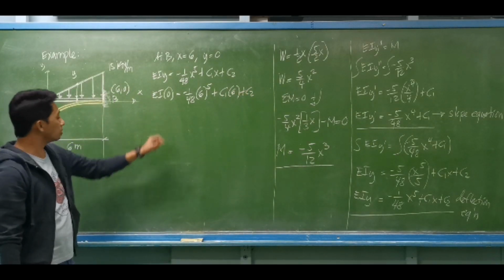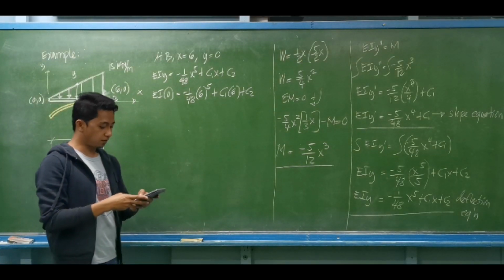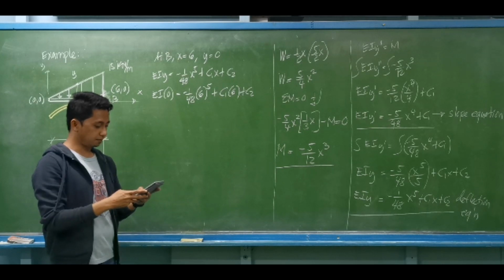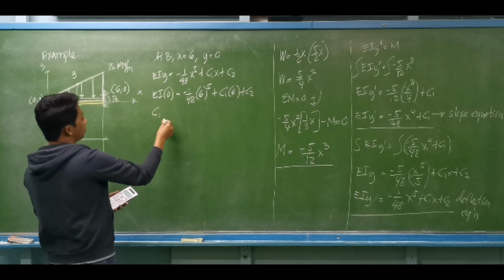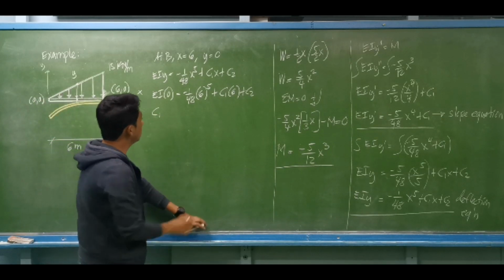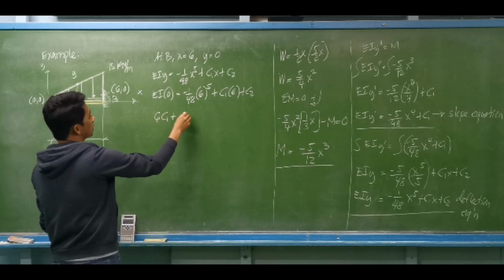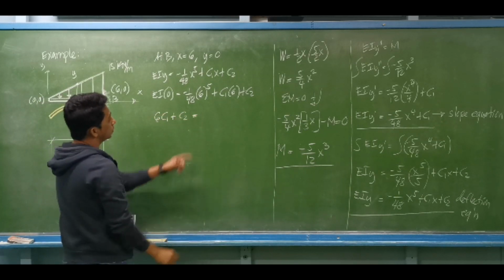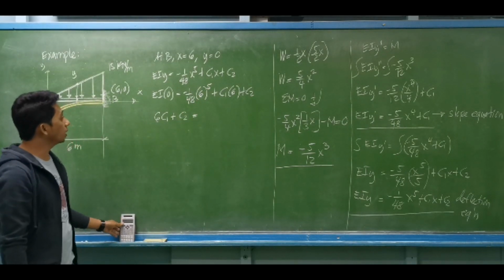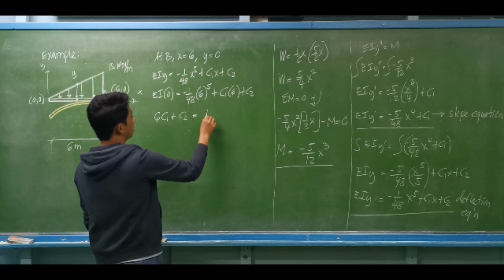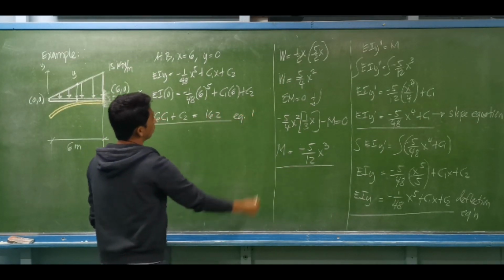So this will be 0. Ikunin natin, so what is 6 raised to 5 divided by 48, that is 162, then transpose. We'll be having our first equation. This will be 6 times c sub 1 plus the c sub 2 is equal to negative 162, then transpose, that will be positive 162. So this will be our equation 1.